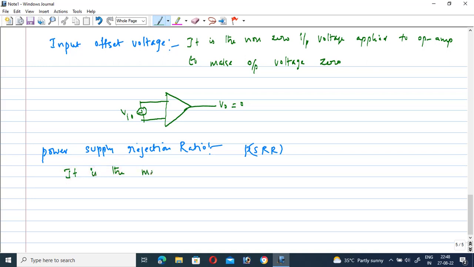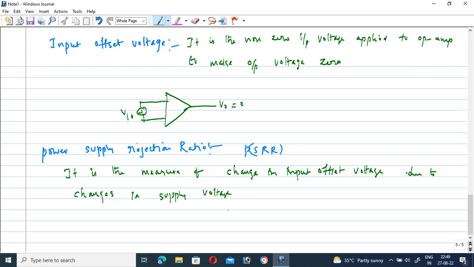It is a measure of change in input offset voltage due to changes in supply voltage.